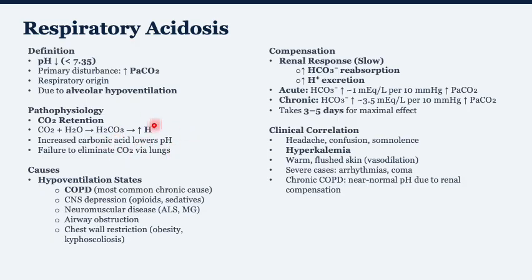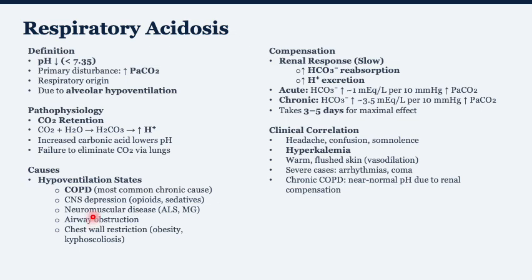Just remember, increased hydrogen ion causes an acidosis, causes the pH to be lowered. And then there's a failure to eliminate carbon dioxide via the lungs. So some of the causes of this can be like a hypoventilation state. COPD is the most common chronic cause. You can also see this with opioids and sedatives.